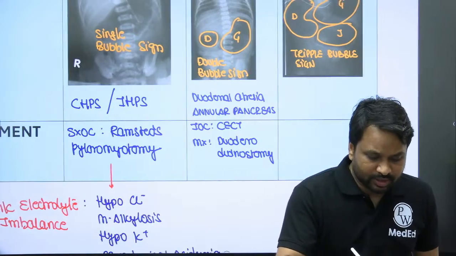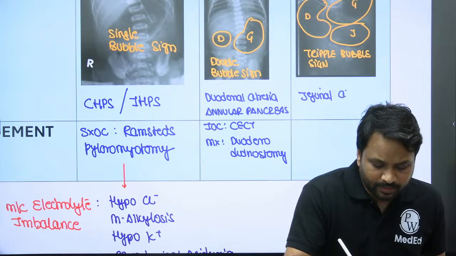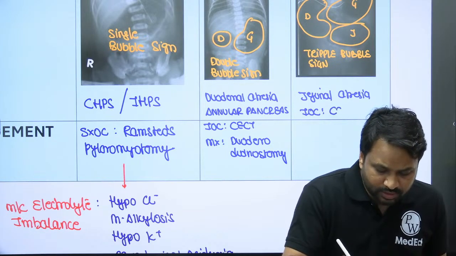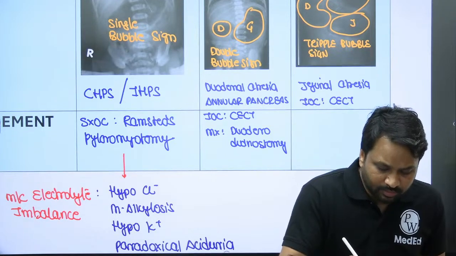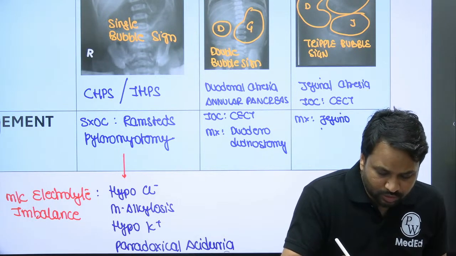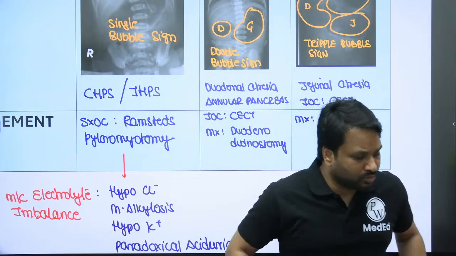Here the triple bubble sign indicates it is jejunal atresia. The investigation of choice here is also going to be the CT abdomen. Management is going to be jejunostomy here.